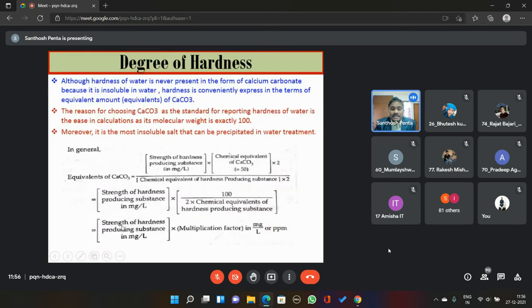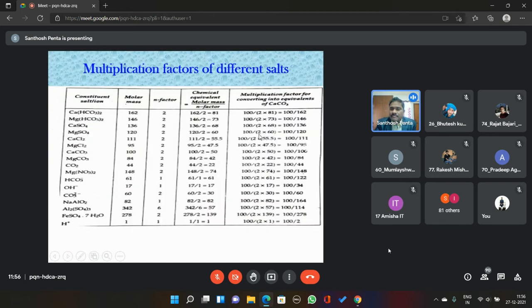Strength of hardness producing substance multiplied with the multiplication factor. Here, as calcium bicarbonate was given, so 100 by 162. Or otherwise, 100 means 50, so 50 by 81. That is also a correct answer because we are expressing in equivalent weight only.